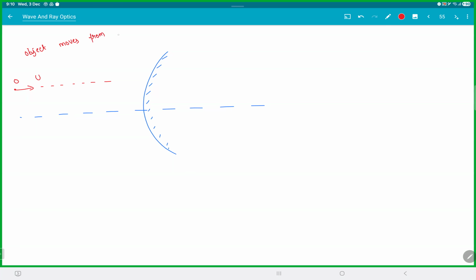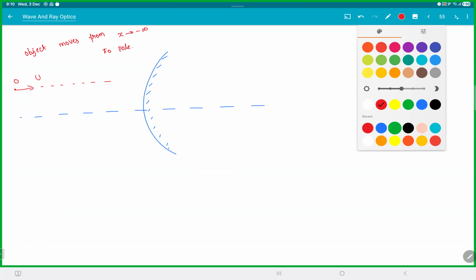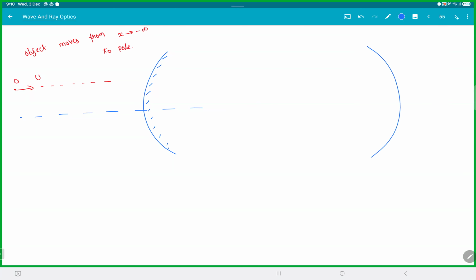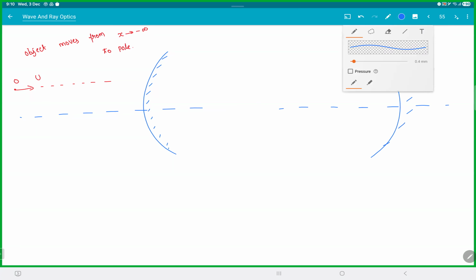Object moves from x is equal to minus infinity to pole. Can you draw the path of the image? This we did. It's a pretty good one. Same thing. An object is going in front of a concave mirror. It is going from minus infinity till the pole. It hits the mirror. Paraxial rays. Draw the path of the image.